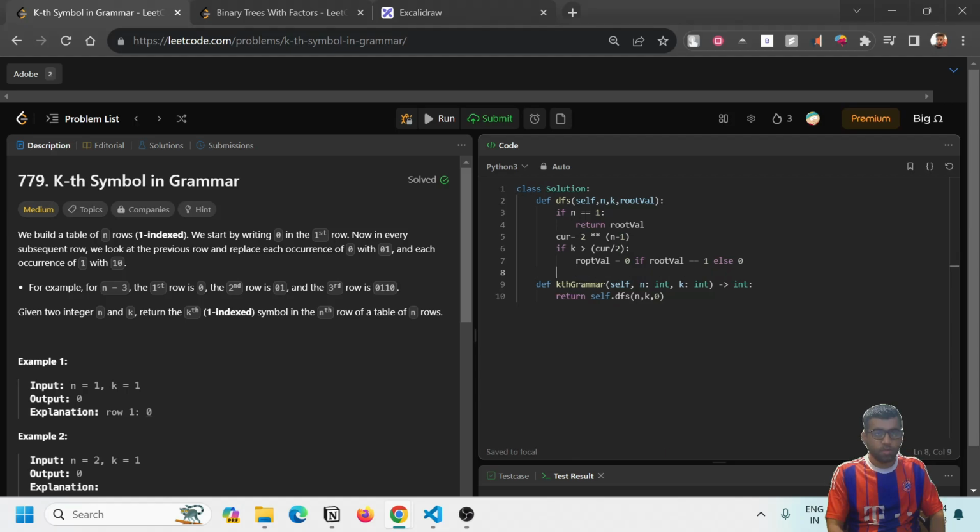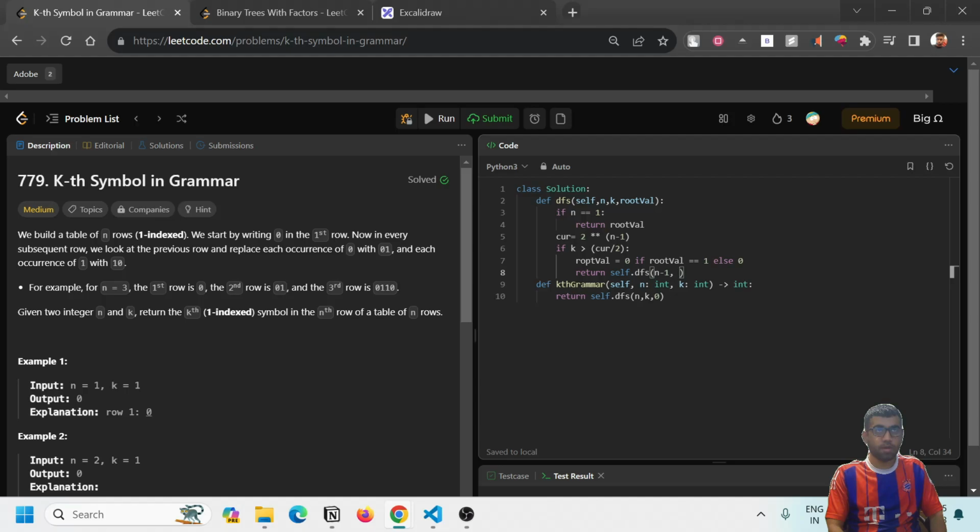Yeah, because that's what happens: 0 becomes 1, and if it's 1, it becomes 0. Going to the right side of the tree, you go deep down using DFS. Simple stuff.